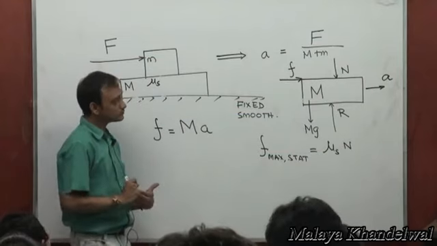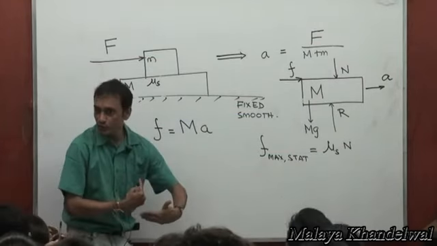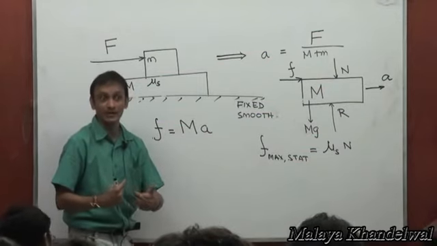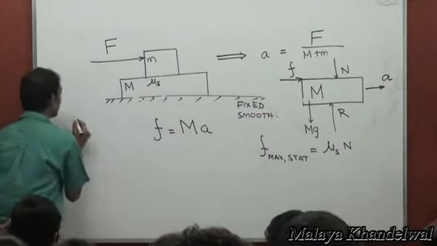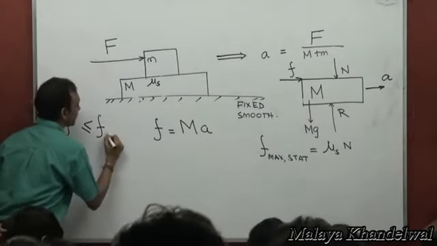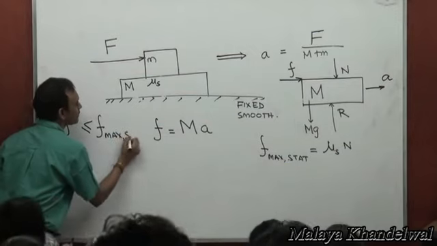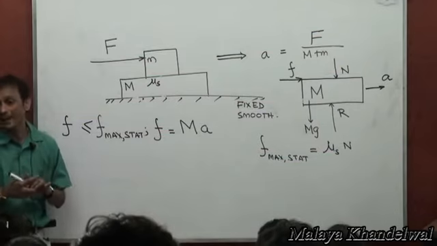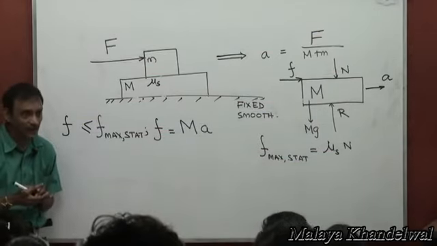So then, for no relative motion between small m and capital M, what would you expect? You would expect F to not exceed F max stat, right?